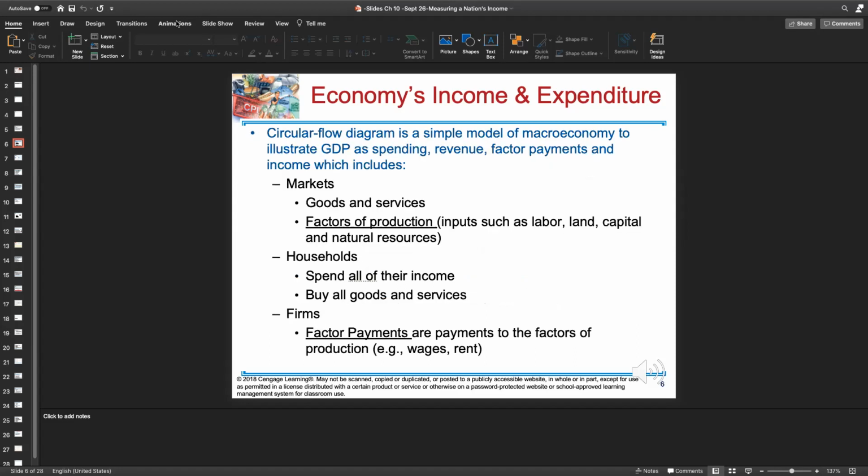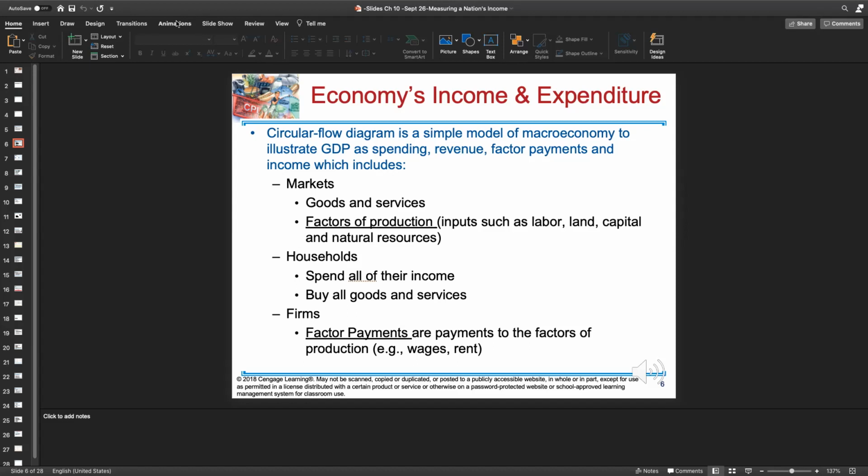As you remember, in economics we make the economy a simple model and simplify it. One way to show the simple model is the circular flow diagram, a simple model of the macroeconomy to illustrate GDP as spending, revenue, factor payments, and income.